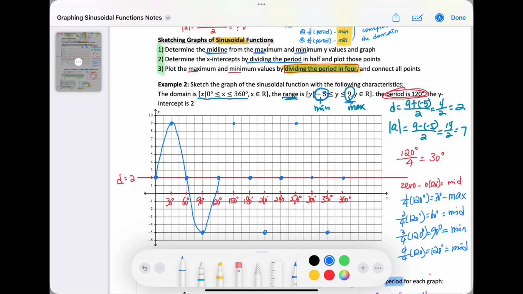Now you can see it continue nicely. I got my curve, nicely done with my complete domain.